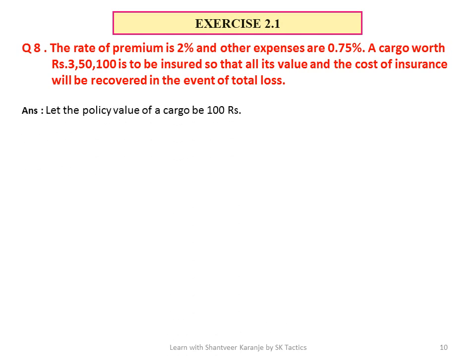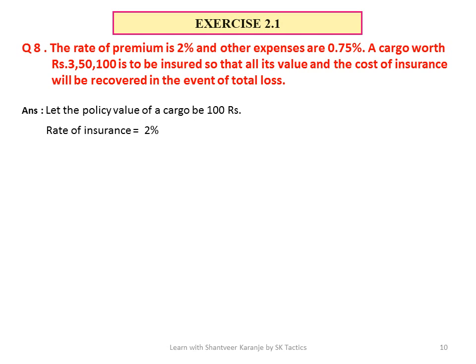Just answer this question with these two types of expenses, means premium is 2% and expenses are 0.75%. Let the policy value of this cargo be, it is not given, so I am assuming it as 100 rupees. Now it is mentioned here that this policy value should include premium value as well as the expenses, means transportation expenses or whatever may be the expenses calculated with 0.75%.